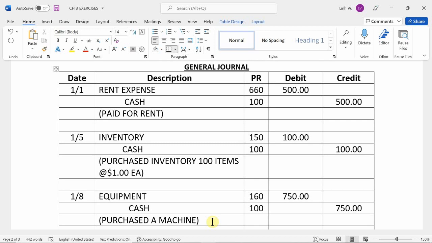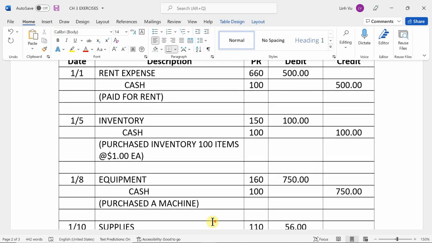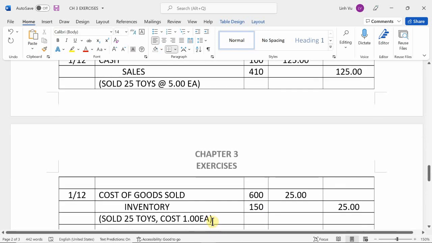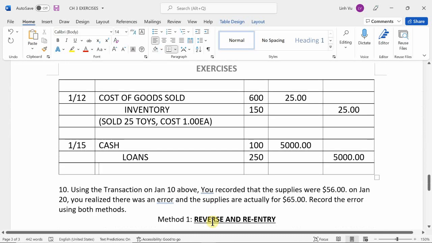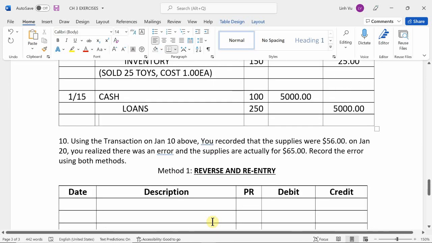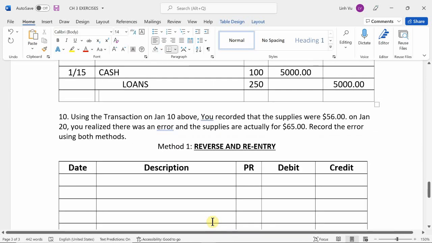And then at the end of the 10 weeks, we're going to dive into a class project where we follow a business and practice bookkeeping for that entire month. So this doesn't stop here, because we're going to keep practicing over and over again how to journalize.